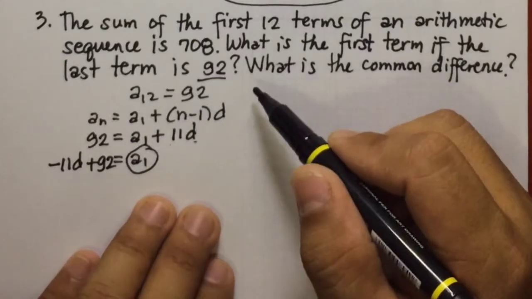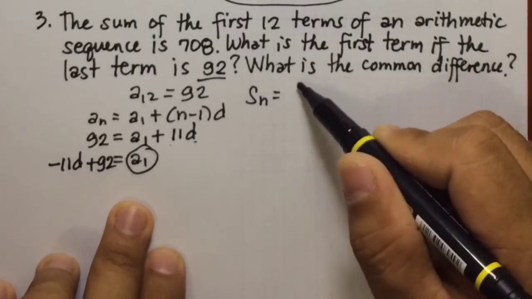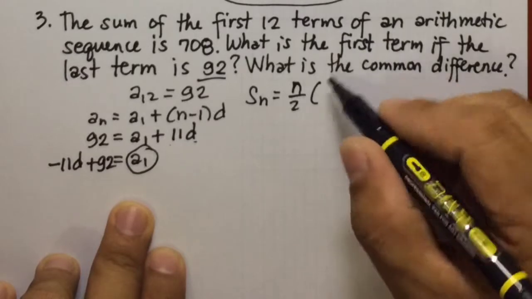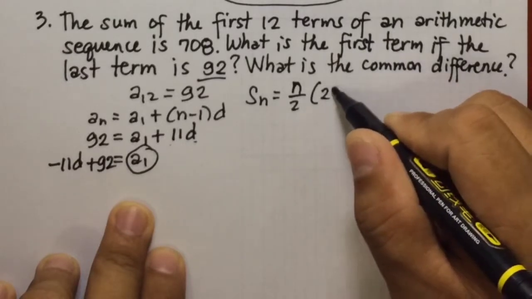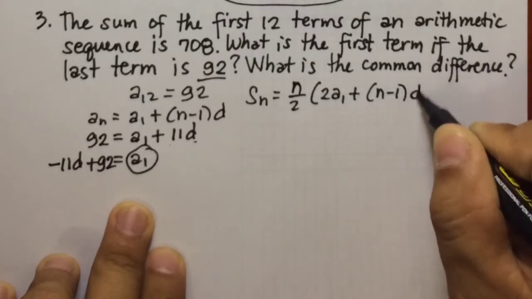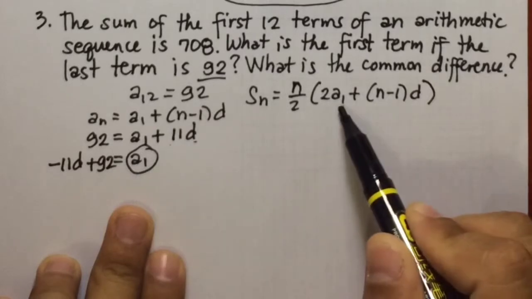Now if we're going to use the formula S sub n equals n over 2 times the quantity of 2a sub 1 plus the quantity of n minus 1 times d, what we're going to do here is we'll just substitute the value of a sub 1 in here.